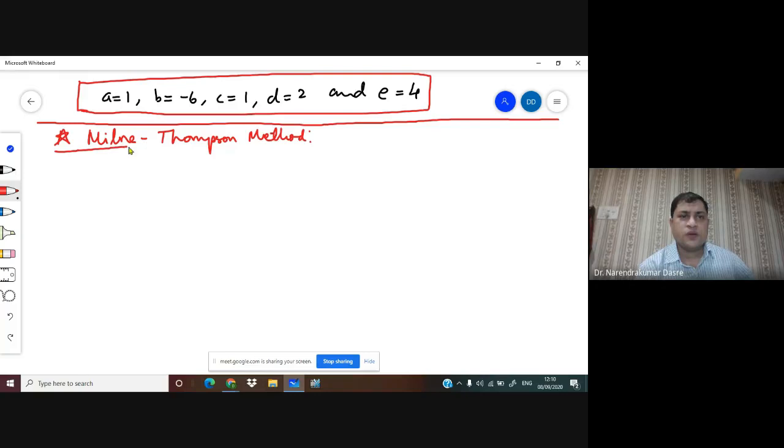Now this method can be used when we have the real part given, when the imaginary part is given, and so on.